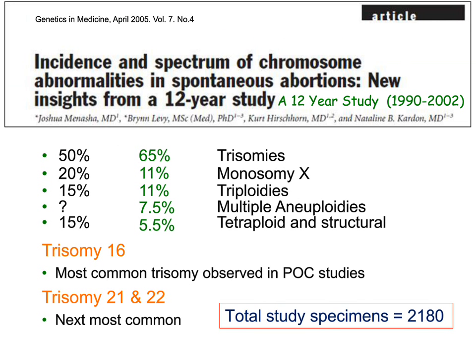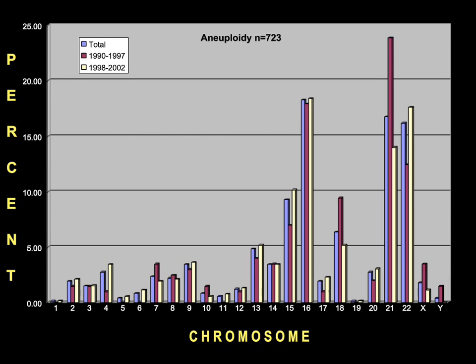So if you look at the host of characters in terms of the frequency of trisomies, you'll see that trisomy 16 is by far, through all the studies, the most prevalent. As I said, followed by trisomy 21 and 22, then 15, 18, 13, 8 and 4, 9 and 14, 4 and 20, and then you see the others.